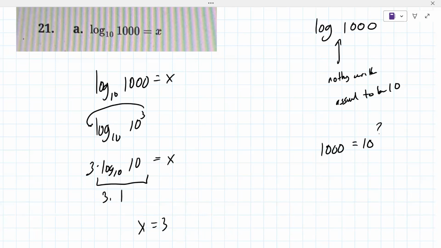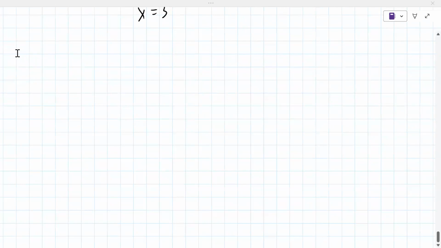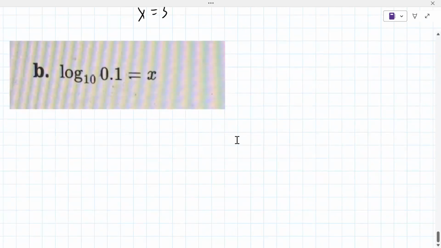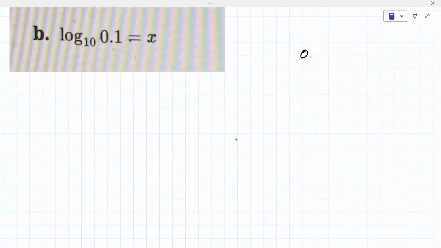So the part B here, the challenge is again, how do you write 0.1, or whatever you're taking the log of? You're taking the log of 0.1. Can you write that as 10 to some power? When it's smaller than the base, it's always like, how do I do that? Well, 0.1 is really 1 over 10, and that's really 10 to the minus 1 power.